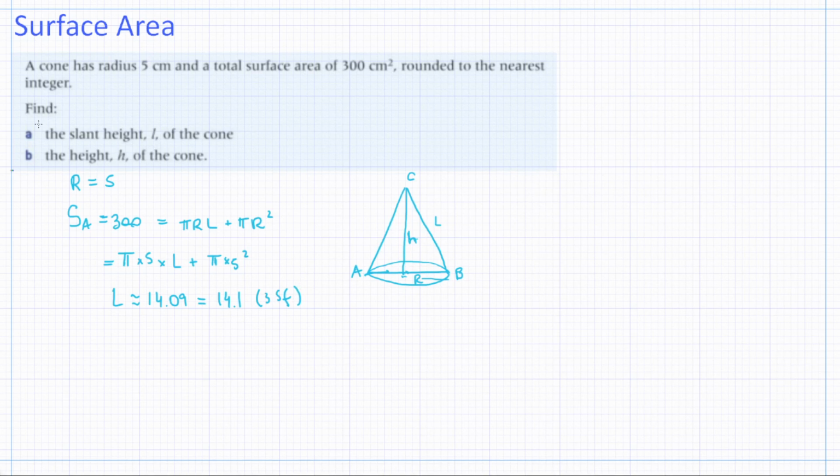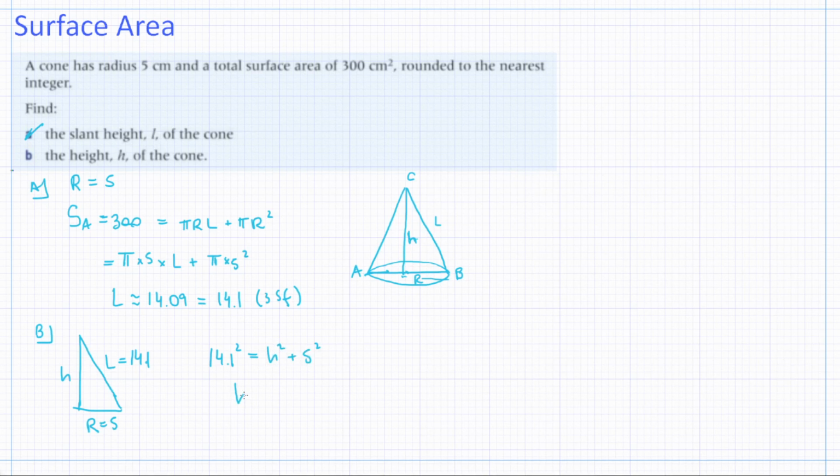Alright? So letter A is done. Now what about letter B? We're looking for the height now. So for the height, we can look at this triangle that I've drawn before. If this is our radius r, which is 5, this is our slant height, which we have found to be approximately 14.1, and we want to find the height. So Pythagoras, this is our hypotenuse, so 14.1 squared would be h squared plus 5 squared.